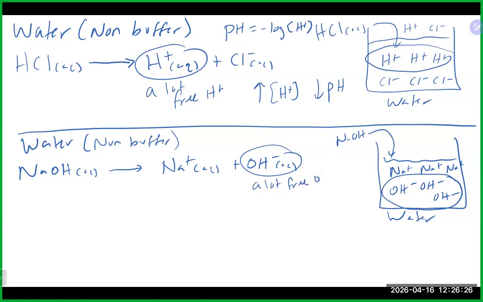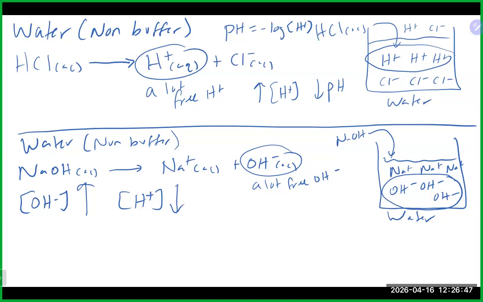free OH minus. That's really important because if you remember, the relationship between OH minus and H plus is an opposite relationship, which means when you flood that water with OH minus, the concentration goes up, and the H plus concentration is going to drop a lot.